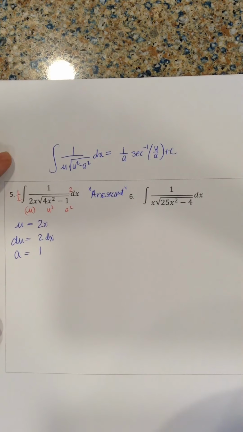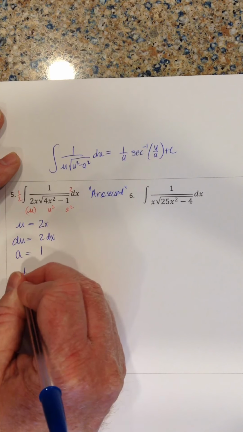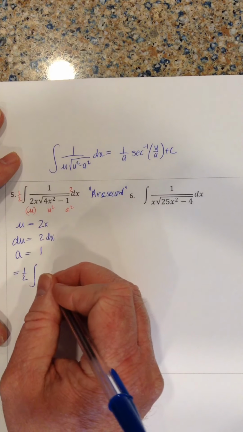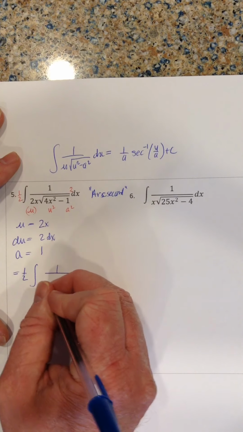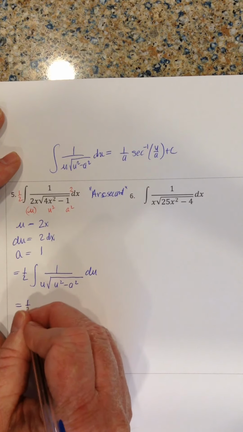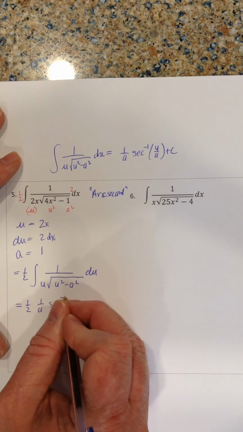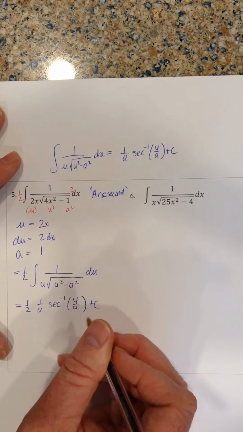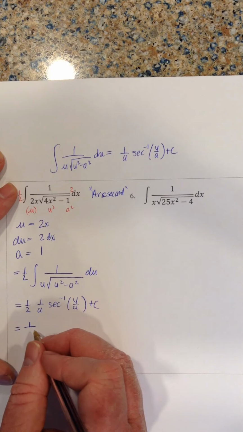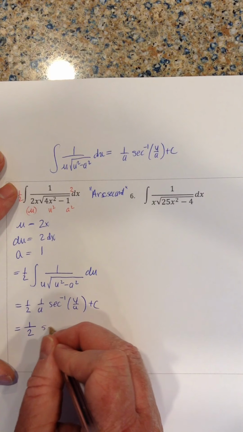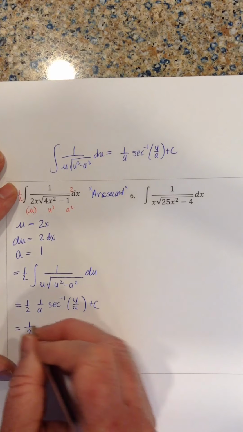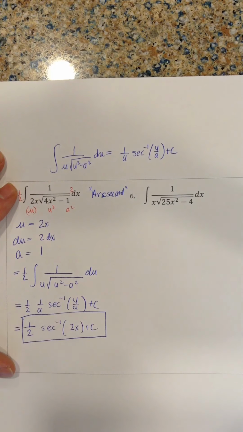So I get 1/2 integral of 1 over u square root of u squared minus a squared du. So I get 1/2 times 1 over a arc secant of u over a plus c, which equals 1 over 2 arc secant of u over a plus c. You can check that using derivatives.